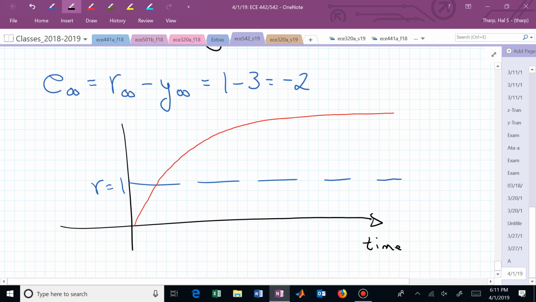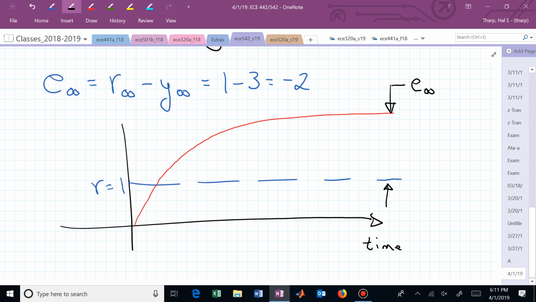What can we say out here? There's our error at infinity. That's our steady state error. I commanded the system to go to 1. Where did it go? 3. With what? A proportional controller.